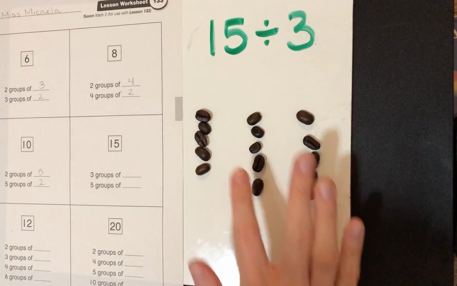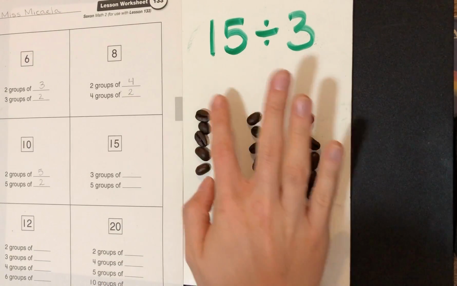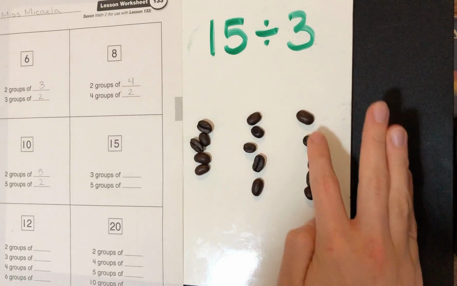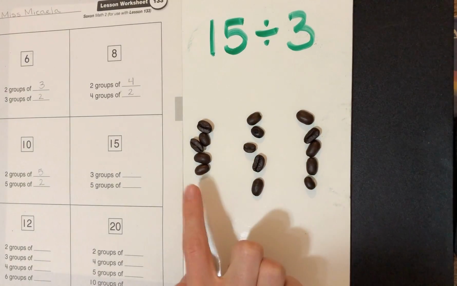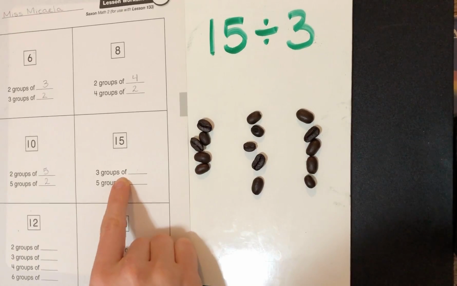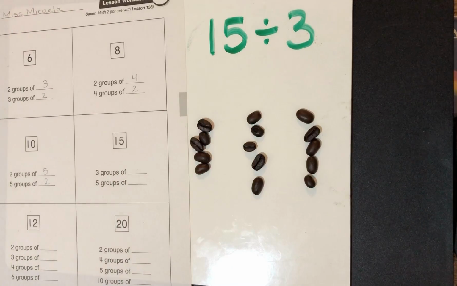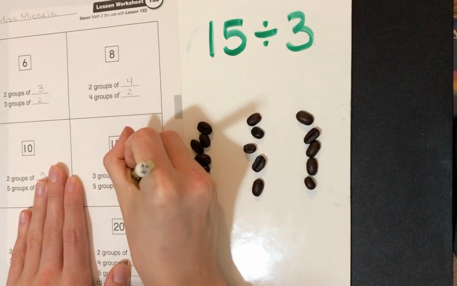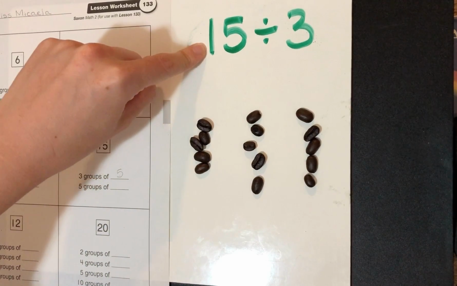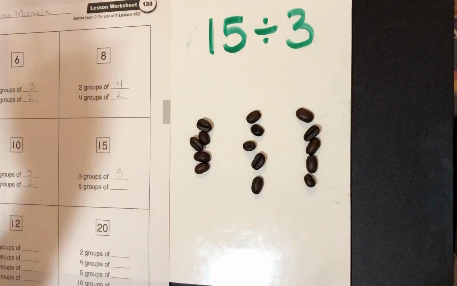So now we counted them out. So each group, 1, 2, 3, 4, 5. There's 5 in each group. And we have 1, 2, 3 groups. So we have 3 groups of 5. So if you were to do this division problem, your answer would be 5.